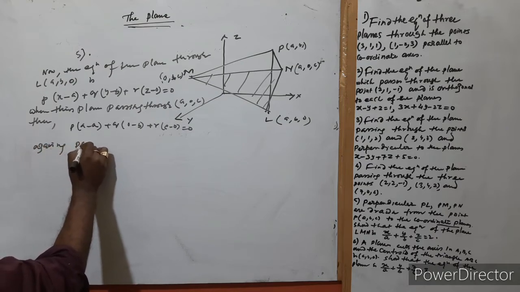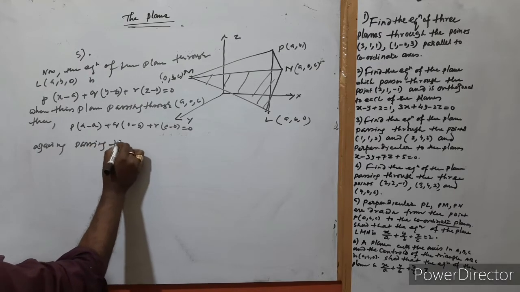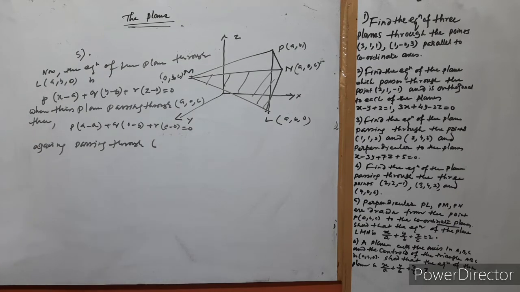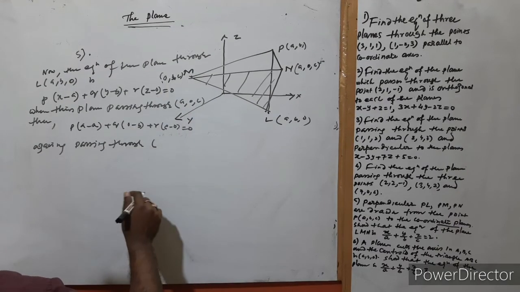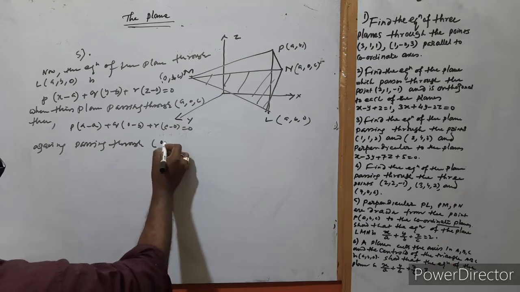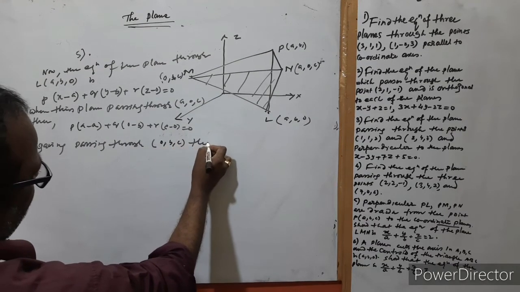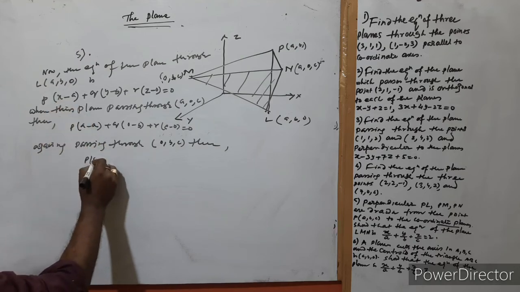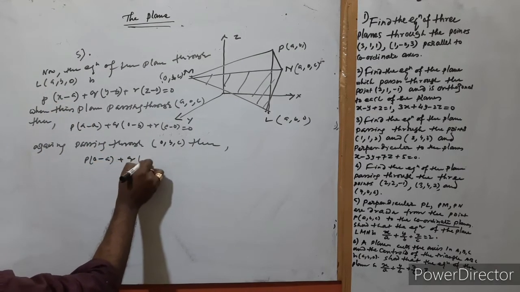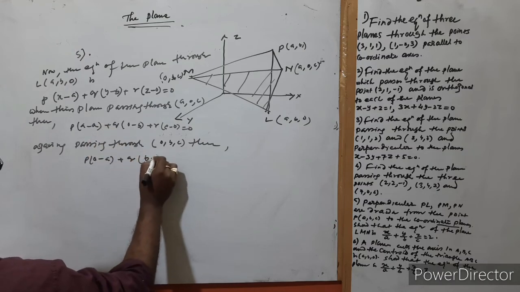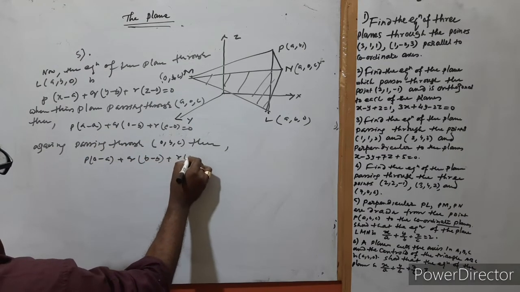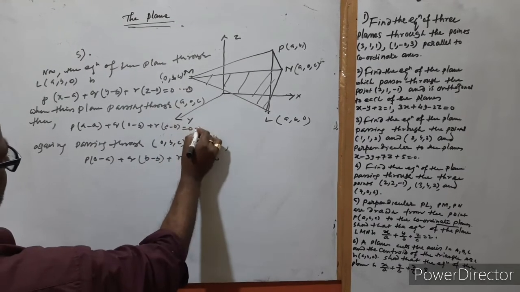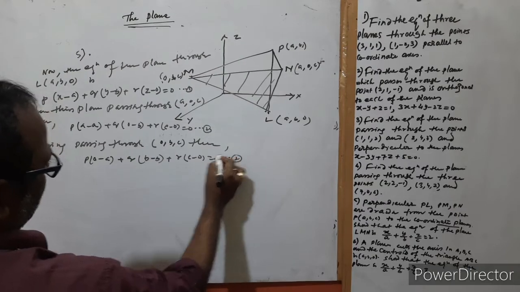Again passing through (0, b, c), we get P(0 minus a) plus Q(b minus b) plus R(c minus 0) equals 0. So this is 1, this is 2, this is 3.